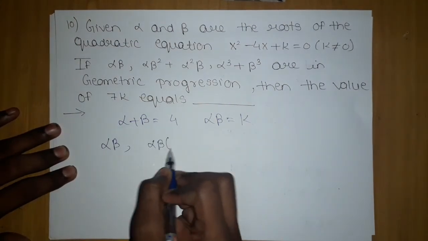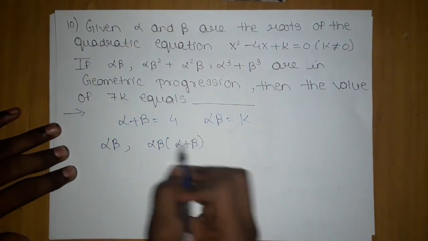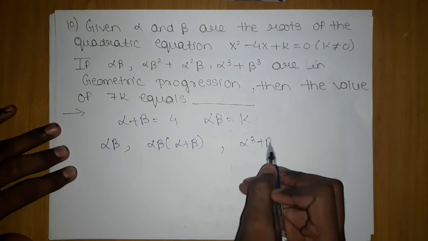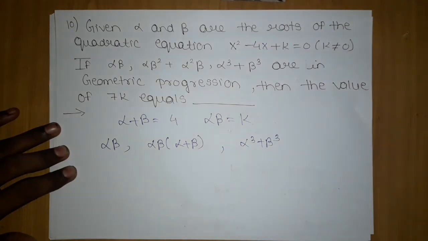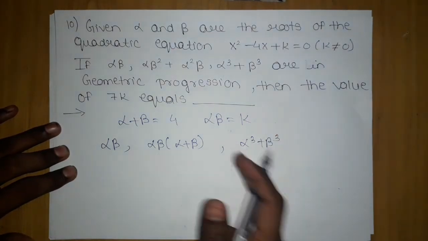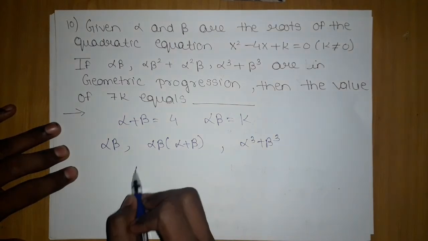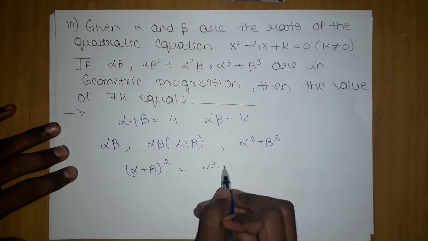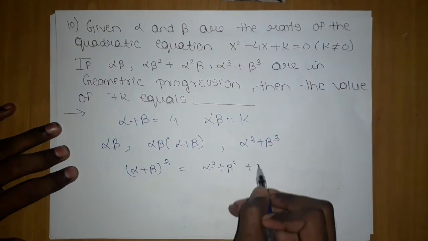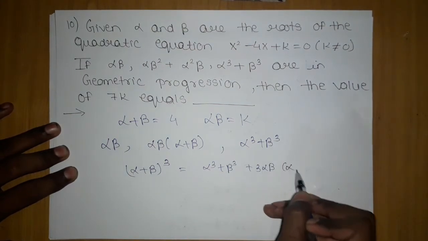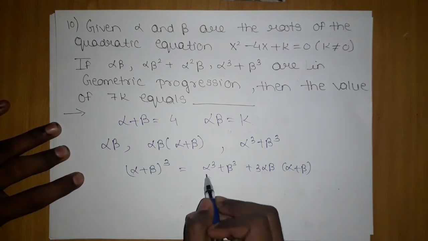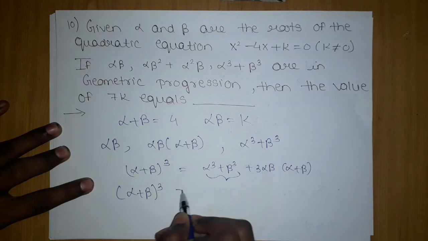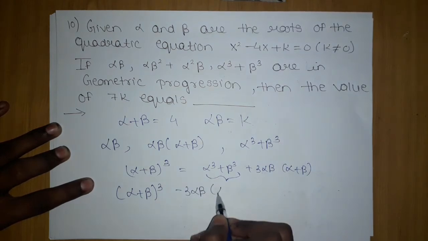If I take alpha and beta common, I am now familiar with this term, and alpha cube plus beta cube. Now how can I get alpha cube plus beta cube? It is very simple. Alpha plus beta the whole cube is equal to alpha cube plus beta cube plus 3 alpha beta into alpha plus beta. If I move that, I get alpha cube plus beta cube equals alpha plus beta the whole cube minus 3 alpha beta into alpha plus beta.